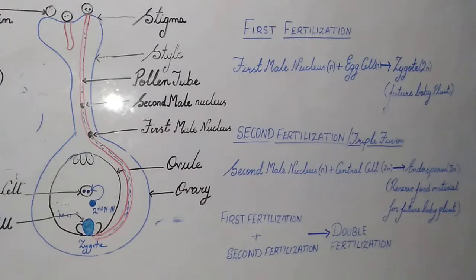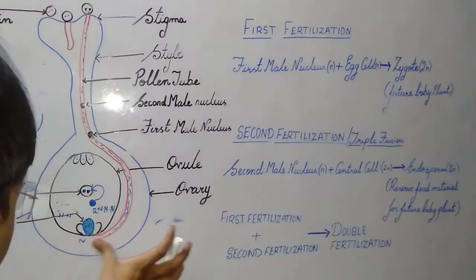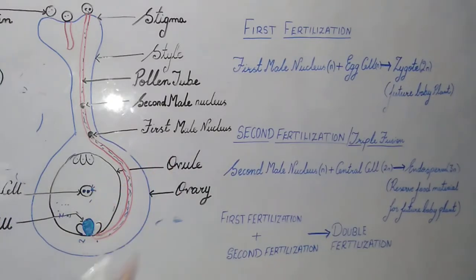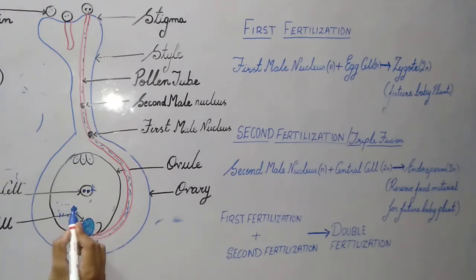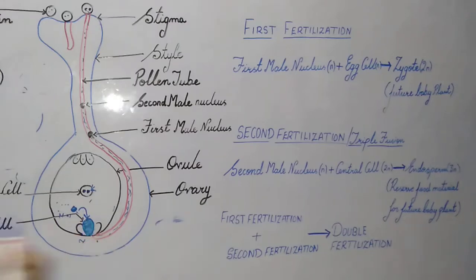Now it's simple. If you combine first fertilization and second fertilization together, we call it double fertilization. So I hope this is clear. Just a brief revision for you. First male nucleus coming inside, it is fusing with the egg cell.